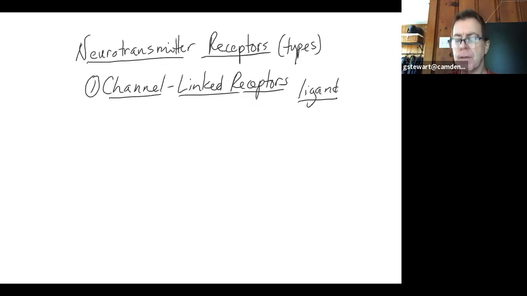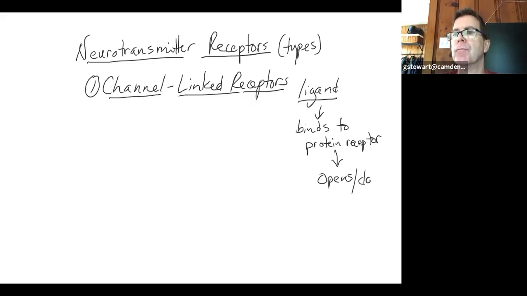So there are channel-linked receptors. The protein receptor changes shape when the ligand actually binds to it. So the ligand is a signaling chemical, and it binds to a protein receptor on the membrane. The whole thing changes shape, and that gate opens or closes. That's what we call a channel-linked receptor.